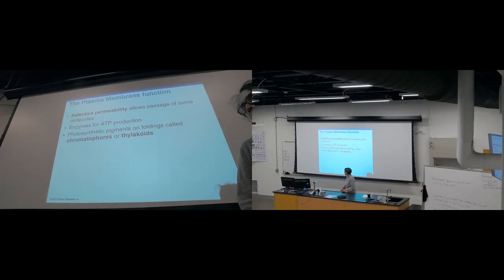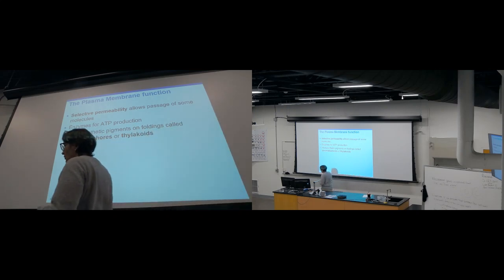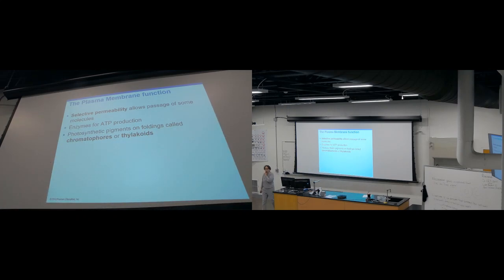So what happens in this plasma membrane? Well, you have permeability. So this plasma membrane is not completely sealed. It has some openings that allow the passage of molecules. In this case, there will be channels that allow the passage of ions, nutrients, and then you can have aquaporins that let water come in and out.